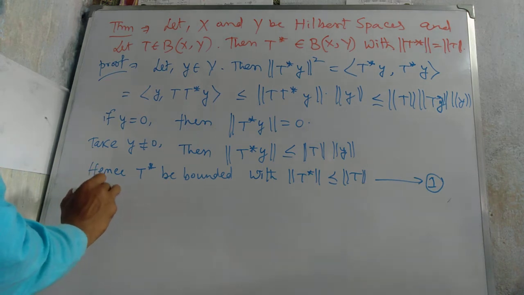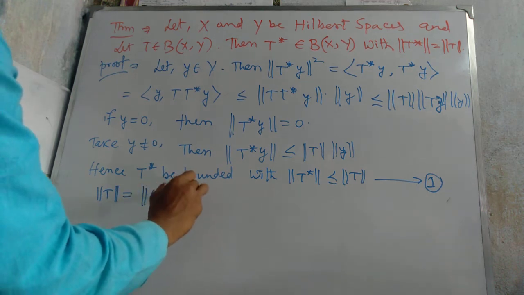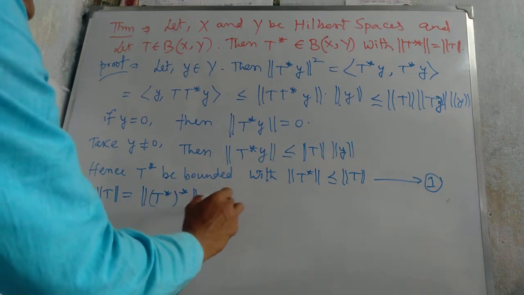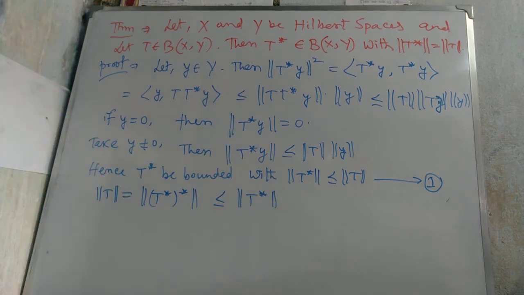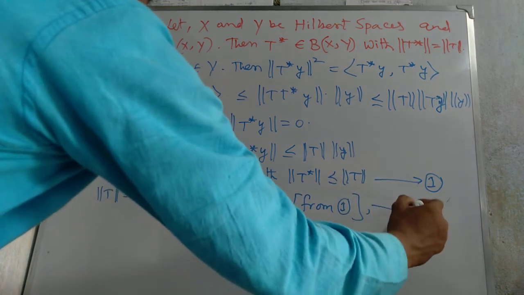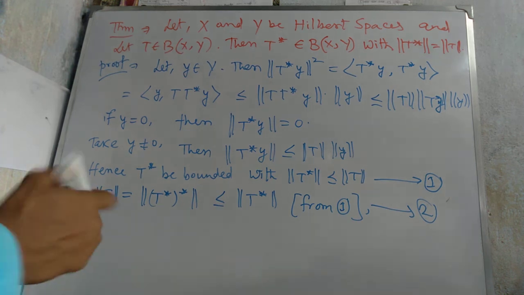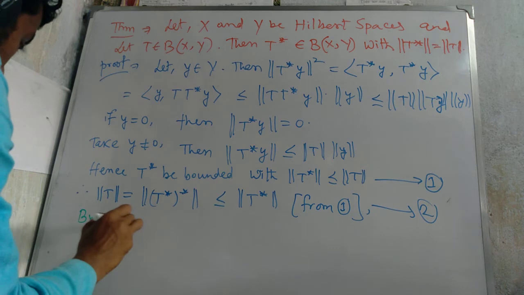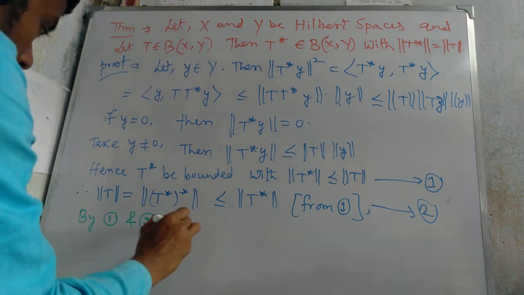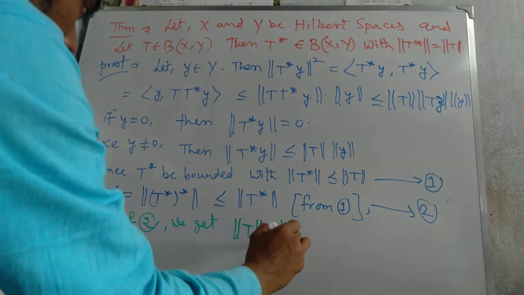Again, norm of T equals norm of T star whole star, which is less than or equal to norm of T star, from 1. So this is marked as 2. Then by 1 and 2, we get norm of T equal to norm of T star.